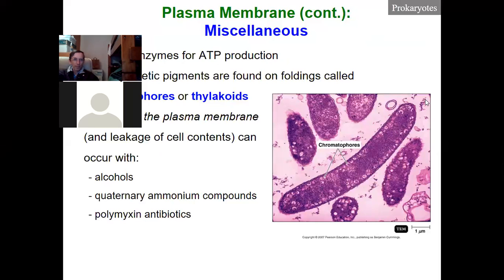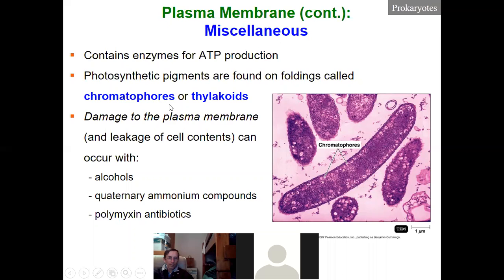They're called chromatophores or thylakoids. What word am I trying to say here? Thylakoid, I think, of the chloroplast.